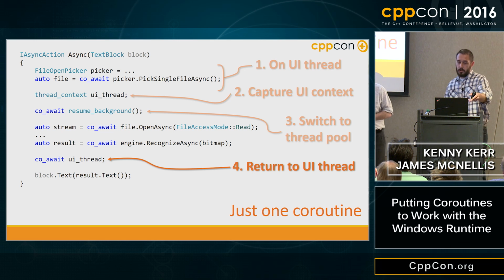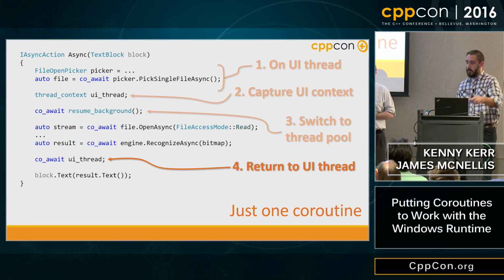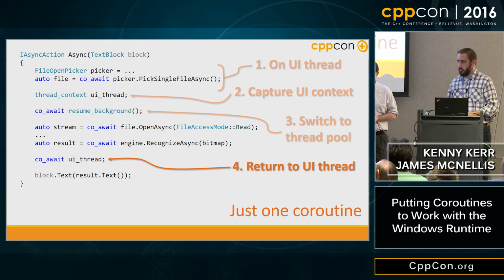Within here, you could certainly wrap that with a try catch block, like I showed earlier, and catch it in here. You could allow it to propagate up, and the async action, which is the return type, will be the thing that holds onto that exception pointer. So whenever you wait on it, you'll get the exception again. It'll propagate up in whatever way you want for your application, whether it's catching it here, allowing it to propagate, catching it later, or allowing your application to terminate.